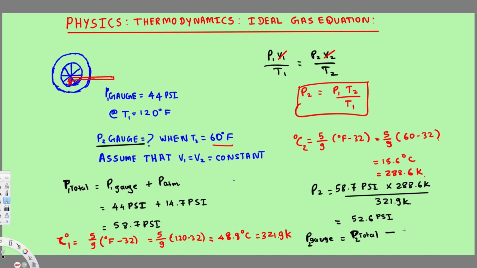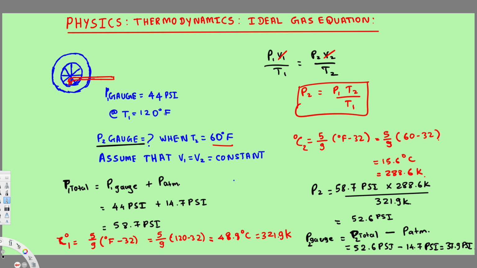So put ATM first and then put the values. This one is 52.6 psi minus 14.7 psi, since 1 ATM is equivalent to 14.7 psi, and that is equal to 37.9 psi.